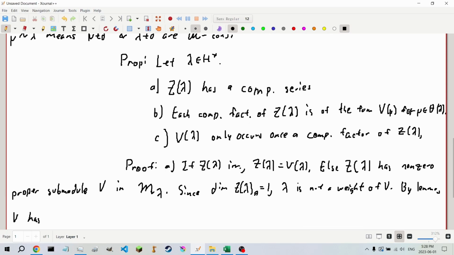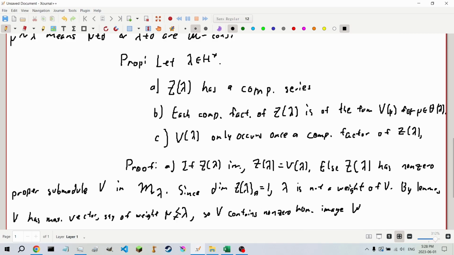V has a maximal vector, say of weight mu less than and not equal to lambda. So V contains a non-zero homomorphic image W of Z of mu.